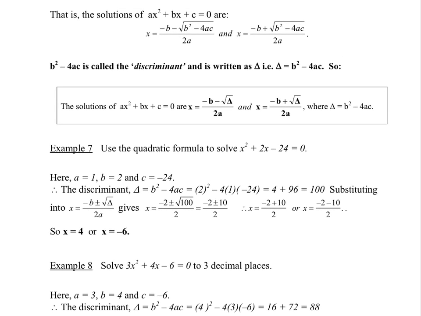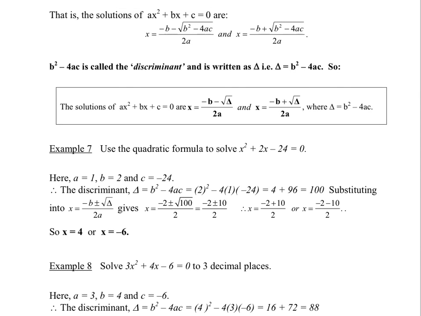Just to have a look up here, the a is the number that multiplies the x squared, the b is the number that multiplies the x, and the c is the number that's all by itself, not a coefficient of x. So here, the coefficient of x squared is just 1, so a is 1. The coefficient of x is 2, so b is 2. And the other number is negative 24, so that's c.